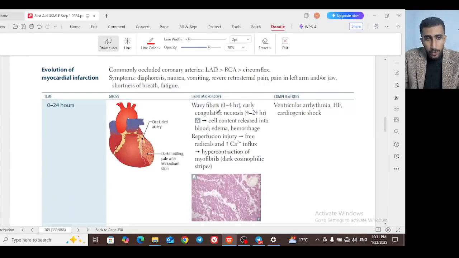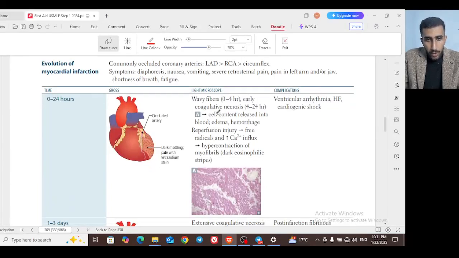For the evolution of myocardial infarction, you have to know the order of the most commonly affected vessels. You have the left coronary artery here, which first subdivides into the left circumflex artery and the left anterior descending artery, and this is the right coronary artery. These are simplifications of the vessels of the heart.